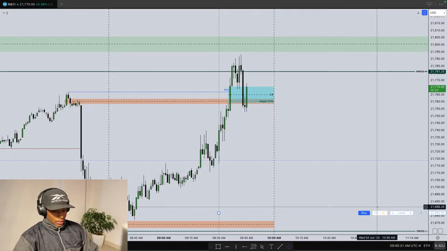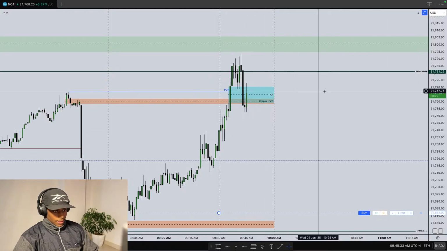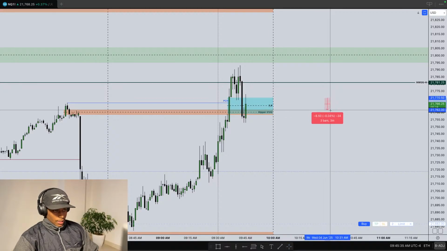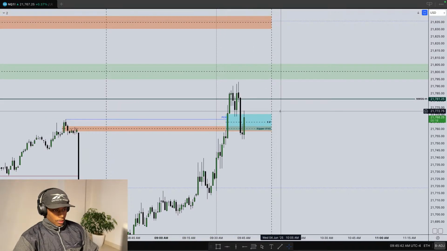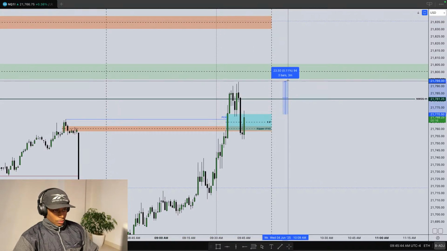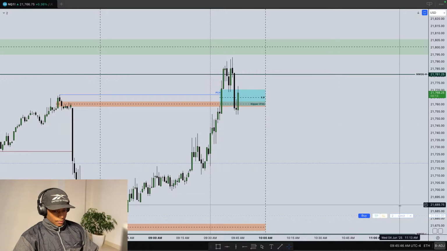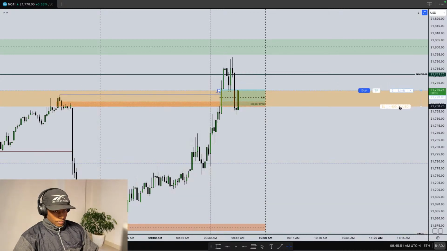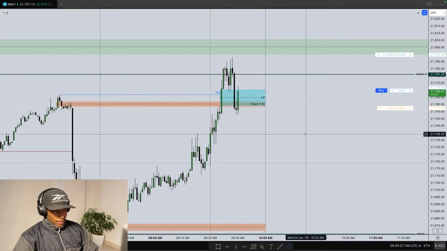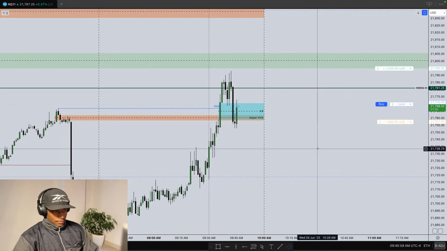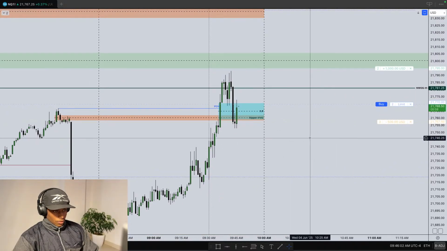But if it can close above the first presentation, I will get right in there, put my stop loss right below the 9:45 candle, and look for a trade up into this new opening gap. That is if it can close above that. It didn't, so nothing for me just yet.